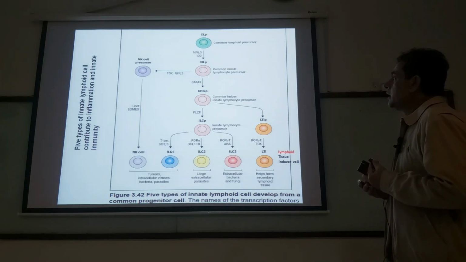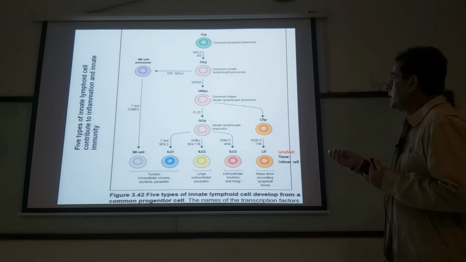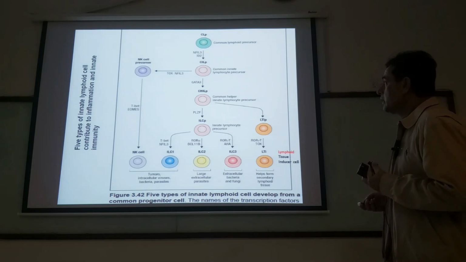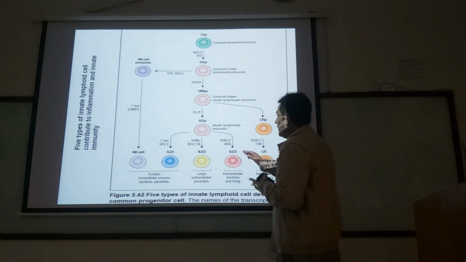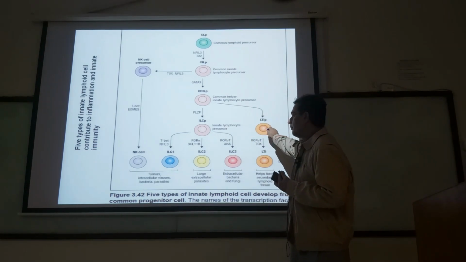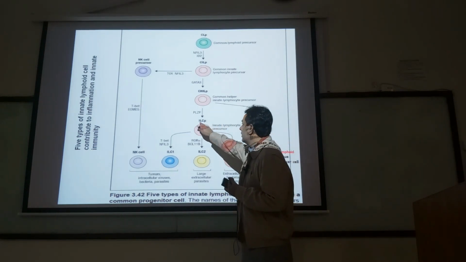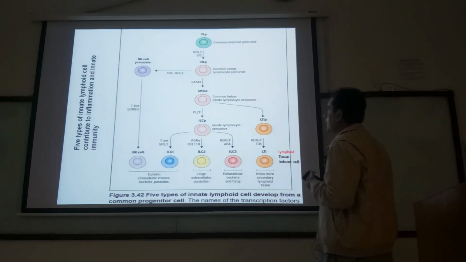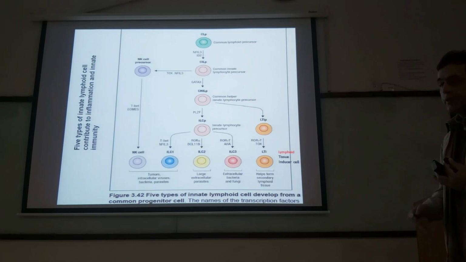Okay? This common helper innate lymphocyte precursor cell, or CHILP, is going to further differentiate into either LTIP or ILCP, or the innate lymphocyte precursor.